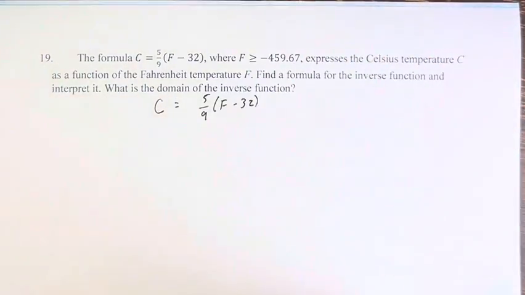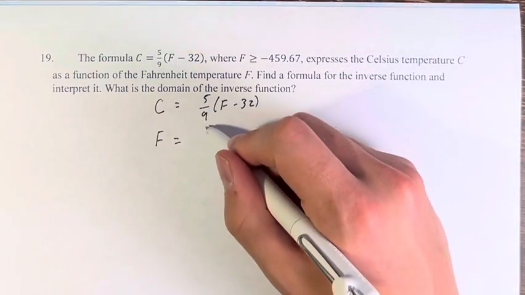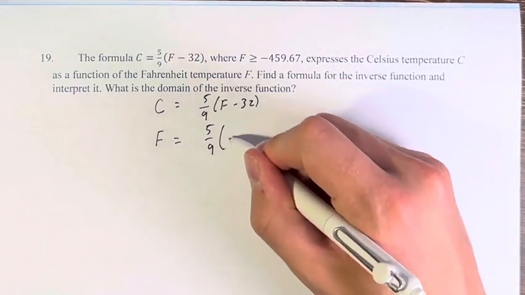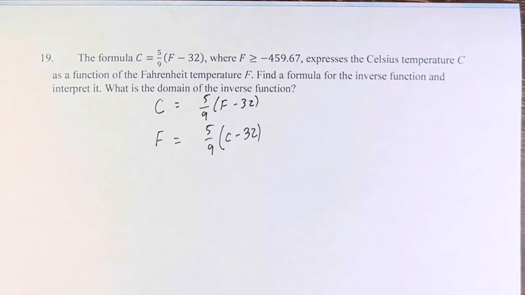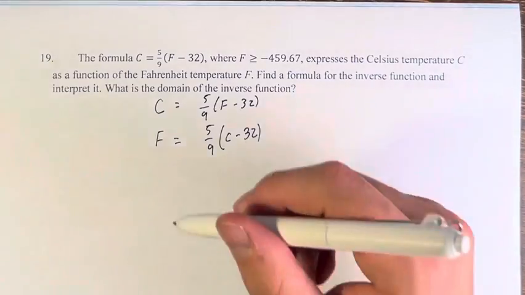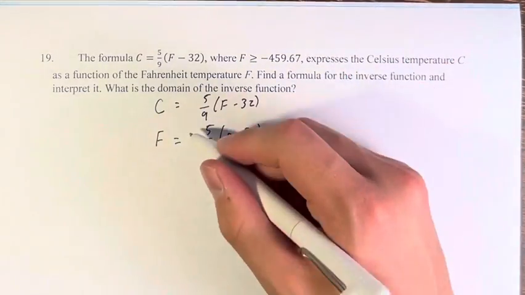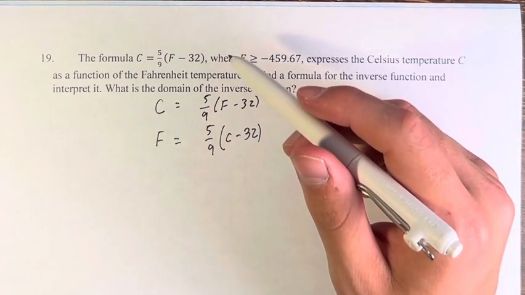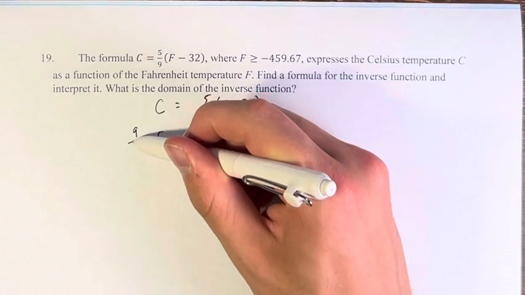We are going to switch the variables. So it's going to be F is equal to 5/9 times C minus 32. What is this going to turn into? Well, now we can solve for C, multiplying by 9/5 on both sides.